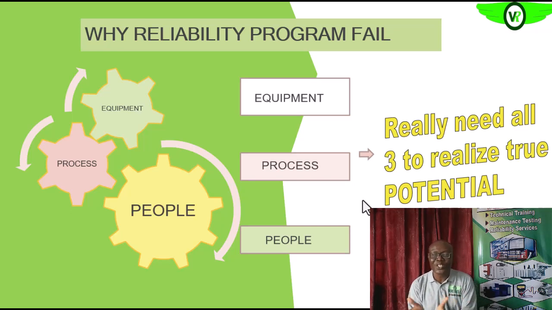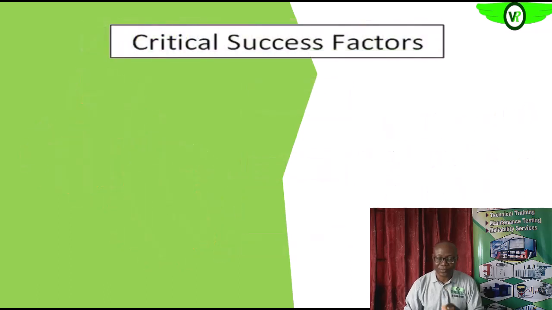So trying to improve the reliability of just one of the components, as we can see on the screen, will not make your system reliable. We need all three. We need the people, the reliability of the people, that of the process, and that of the equipment for us to gain our reliability properly. So the critical success factors: one, we need people.